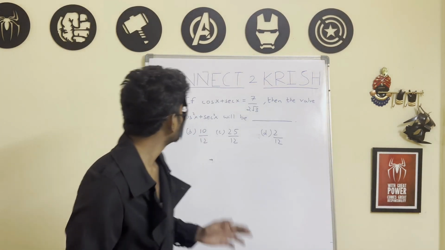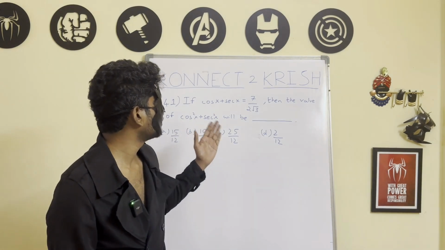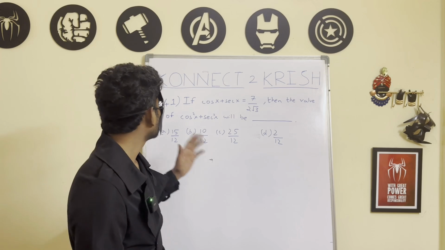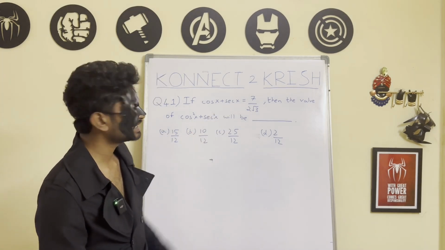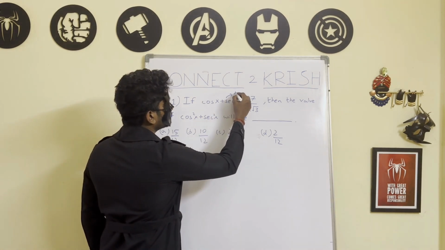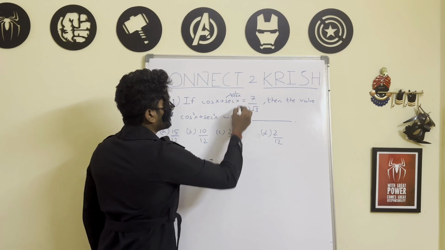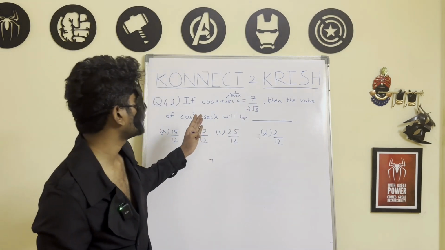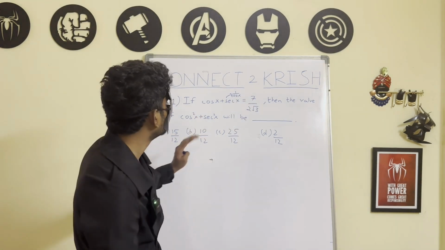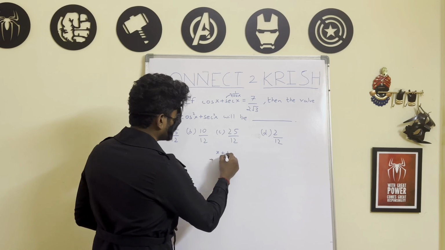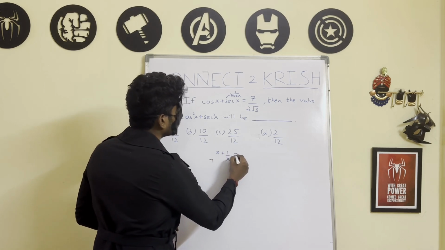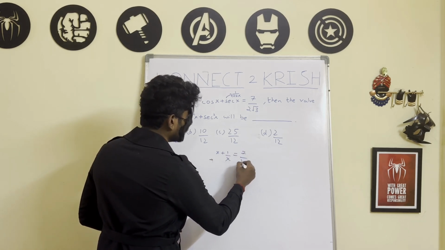So superhumans, next question is, if cos x plus secant x is equal to 7 by 2 root 3, then the value of cos square x plus secant square x will be. Secant x is nothing but 1 by cos x. So as I taught you in the previous question, it is in the form of x plus 1 by x, which is equal to 7 by 2 root 3.